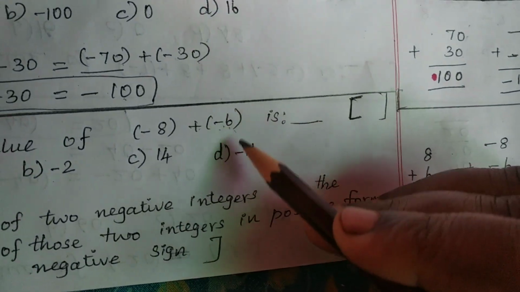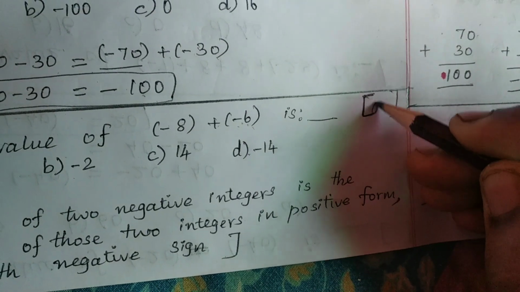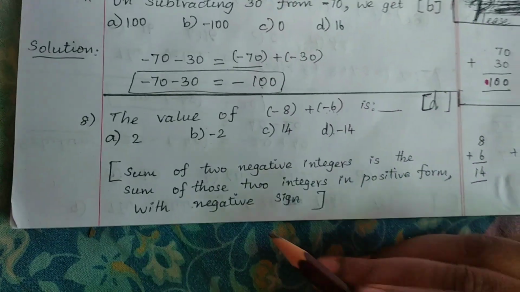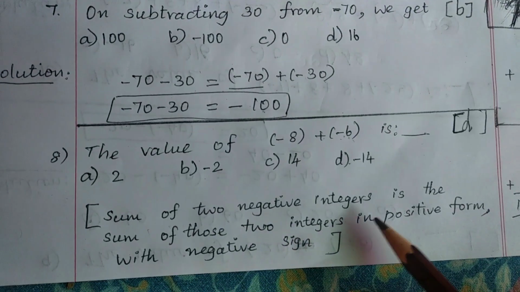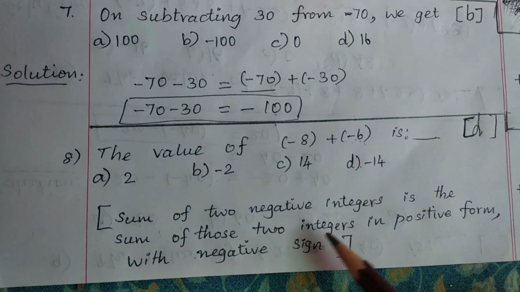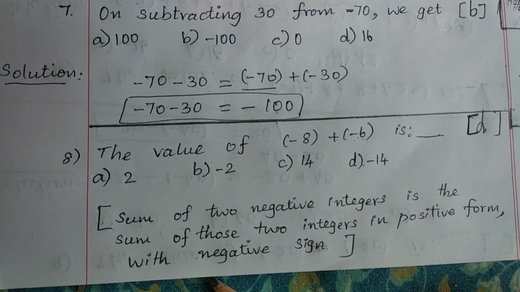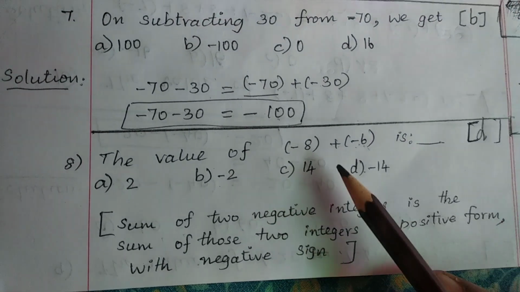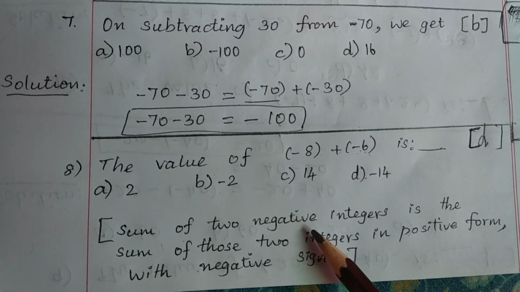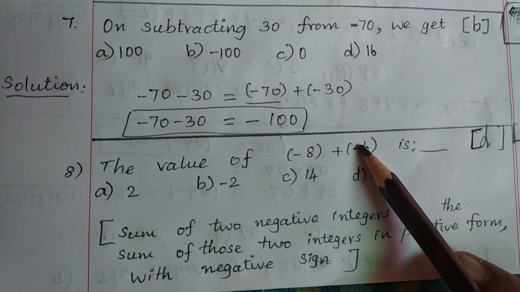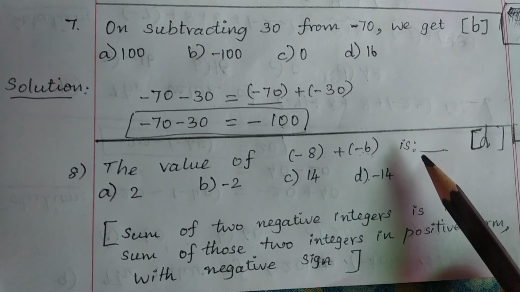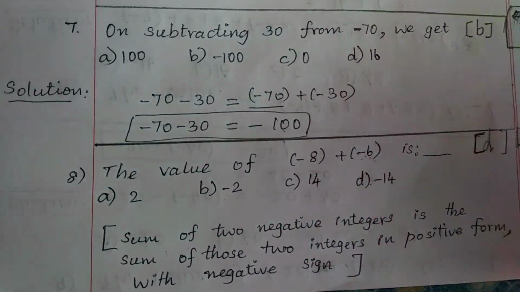Okay, so D. So the hint is the sum of two negative integers is the sum of those two integers in positive form with a negative sign. So 8 plus 6, the answer will be 14. Since both the numbers have a negative sign, 14 also should have a negative sign. So the answer is minus 14.